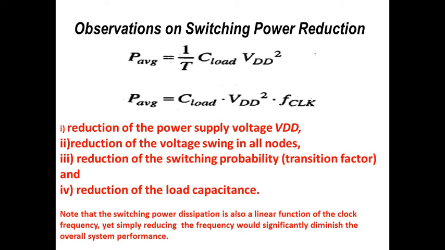It is VDD square, so definitely a drastic reduction in power dissipation takes place when you decrease the supply voltage. That is the first way by which you can decrease the power dissipation. The second thing is that P average is directly proportional to the load capacitance. So if you reduce the load capacitance, definitely that will decrease the power dissipation in the CMOS circuit.